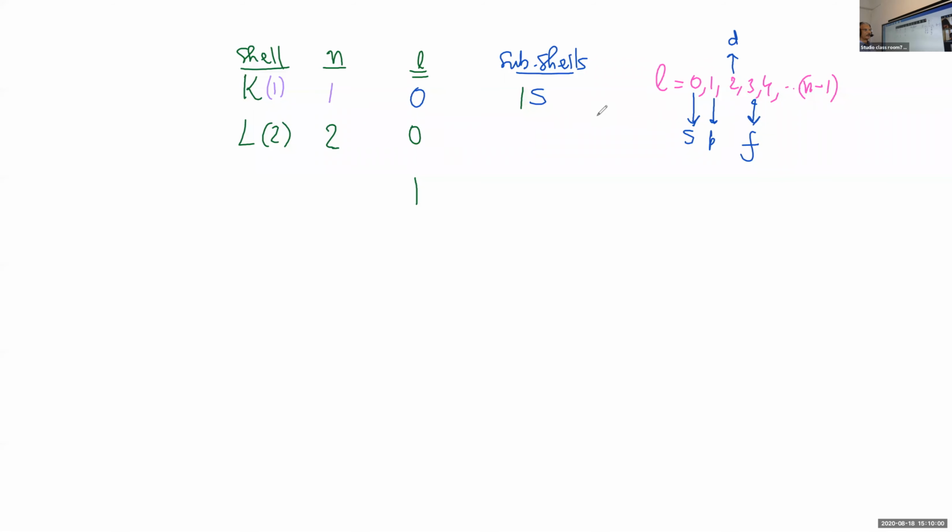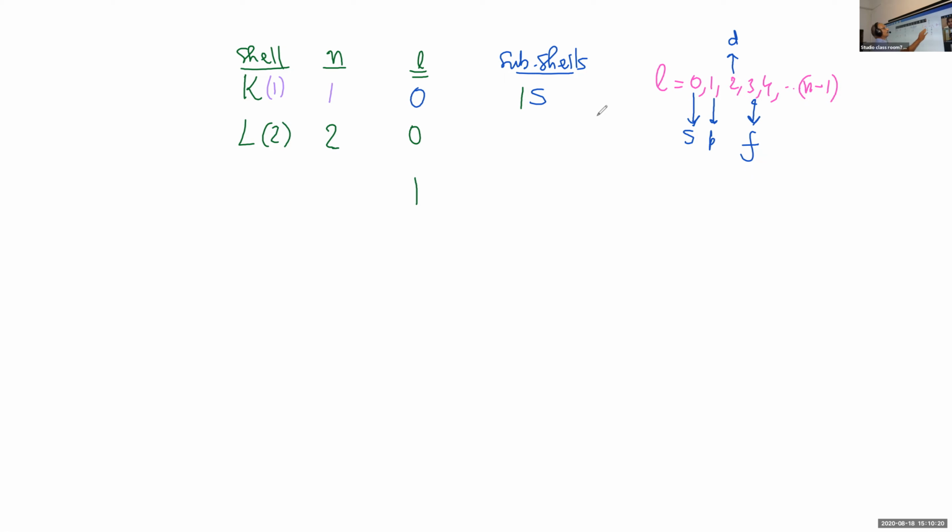Okay. So, in the L shell, n is equal to 2. So, 2 L values are possible, and the 2 L values are 0 and 1. And which are the subshells?